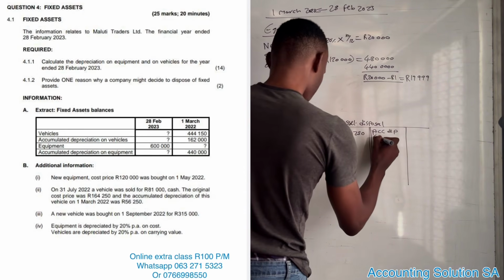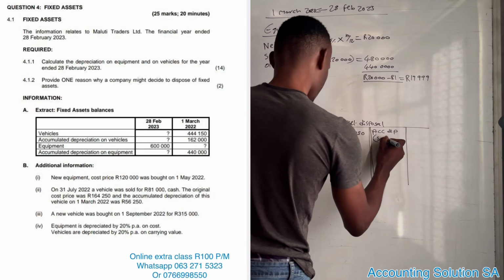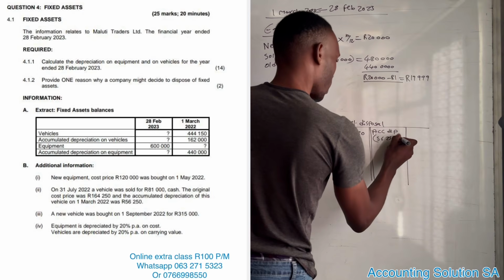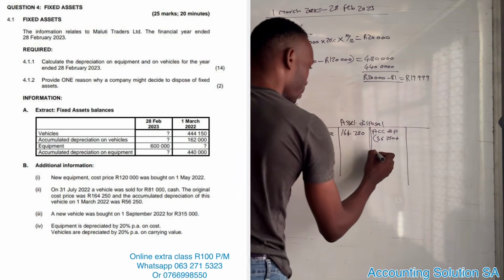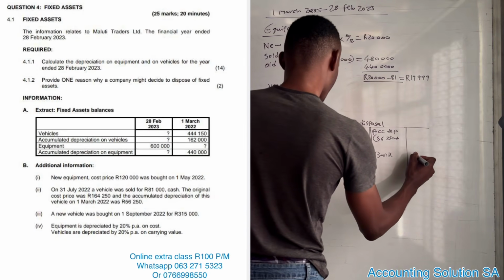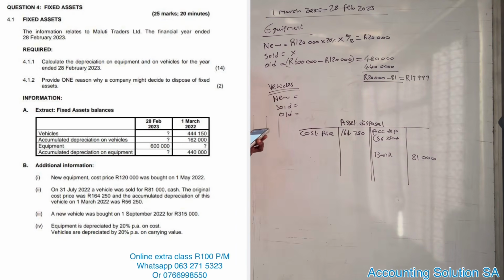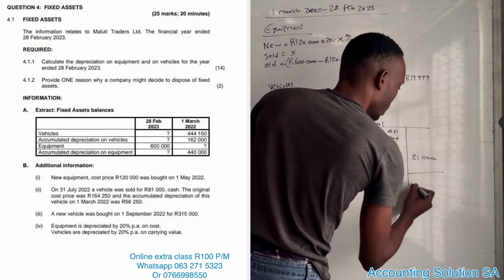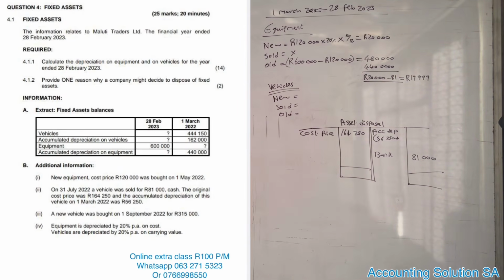Under accumulated depreciation, we add the 56,250 that we had, plus the one that we are going to calculate. And it was sold for how much? For cash, which is the bank, and we write the amount of 81,000. After that, we can decide whether it's a profit or a loss.